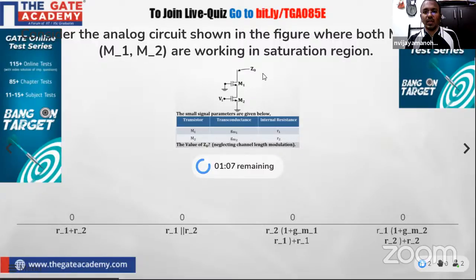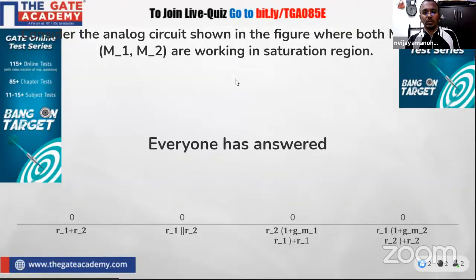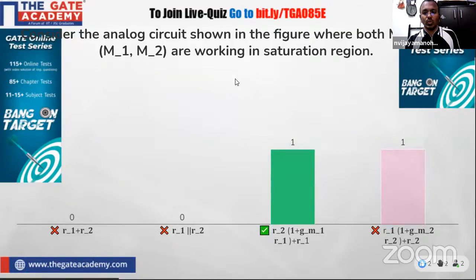They're asking you what is the value of Z0. R1 is the internal resistance of M1, R2 is the internal resistance of M2. So what would be Z0?